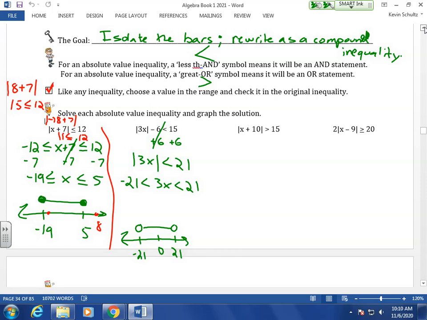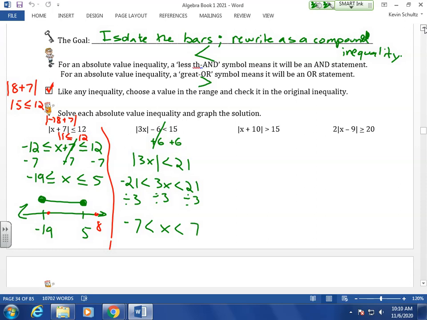Yeah, Drew. Yes, you may. How do we solve this? How do we isolate x? Will? Yep, divide everything, all 3 sections, all 3 parts, divide by 3. And so now we've got negative 7 is less than x is less than positive 7.